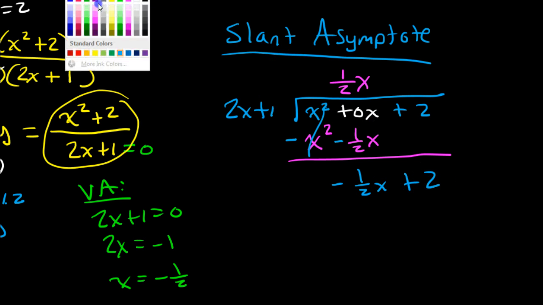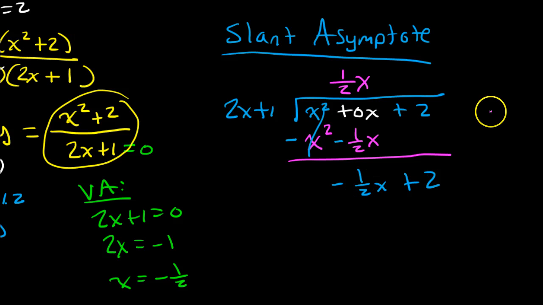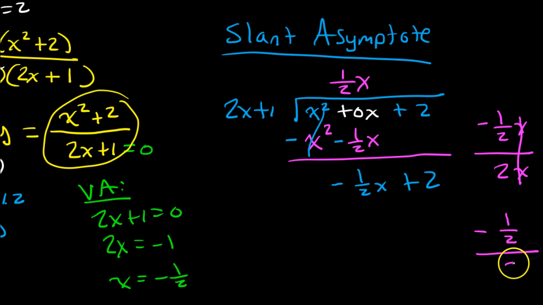So now it's time to divide again. So I'm doing negative 1/2 x divided by 2x. All right, I'm doing this divided by this. Well, the x's are going to cancel out. So it's just a matter of what is negative 1/2 divided by 2.